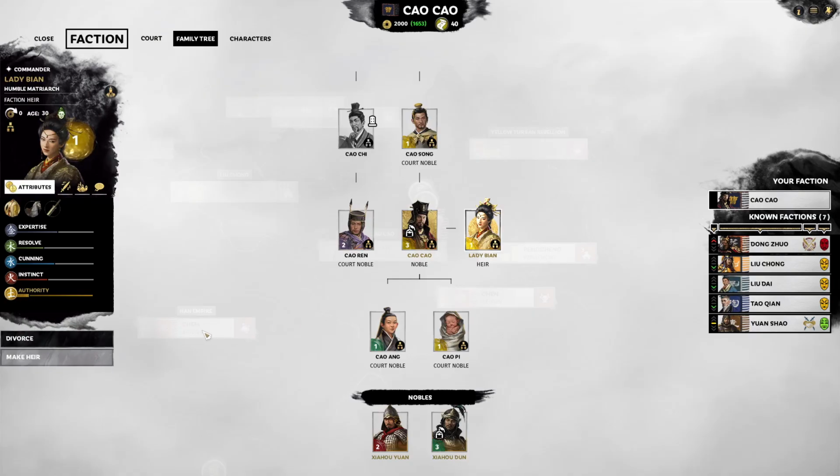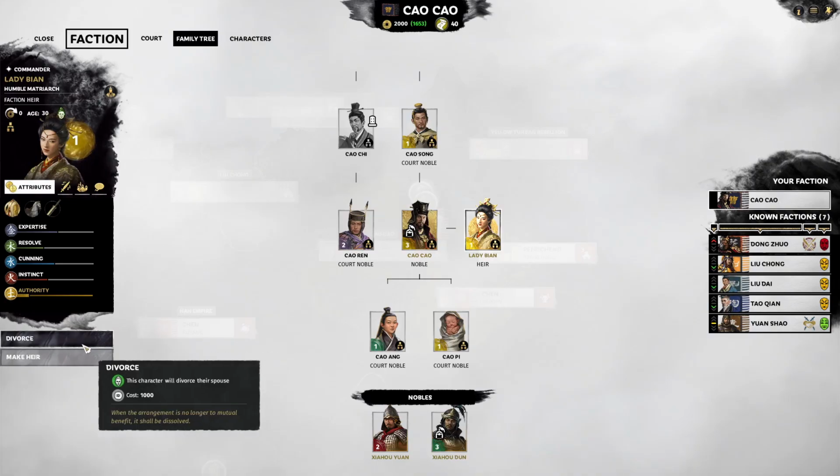You can't just marry and divorce, marry and divorce. It does increase your family members, because even divorced members are still considered part of the ruling family. So you can use your wife as a diplomatic piece in terms of offering her up for marriage if you divorce her, because she will remain part of the ruling family. That's a viable strategy for sure, but it does come with a cost.